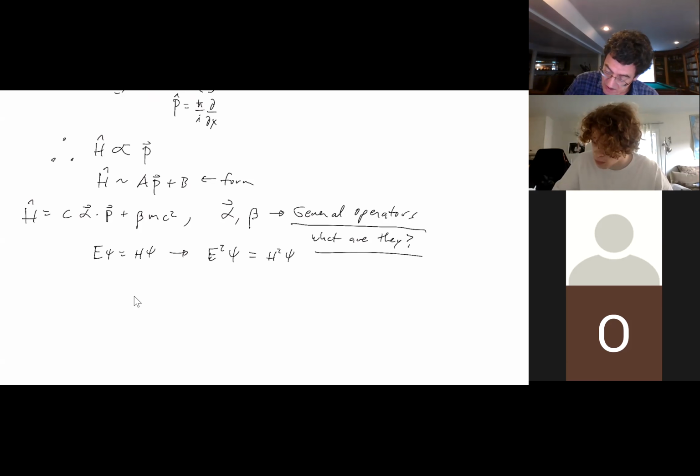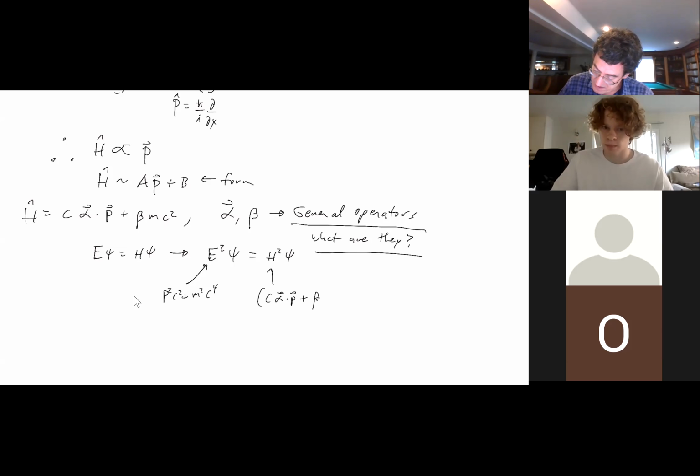But E squared, in relativity, is just p squared c squared plus m squared c to the fourth. That's just the formula that you all know. And H squared is just the Hamiltonian squared, which is (c alpha dot p plus beta m c squared) squared.